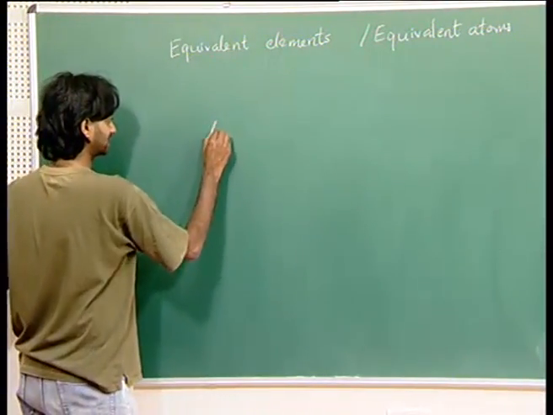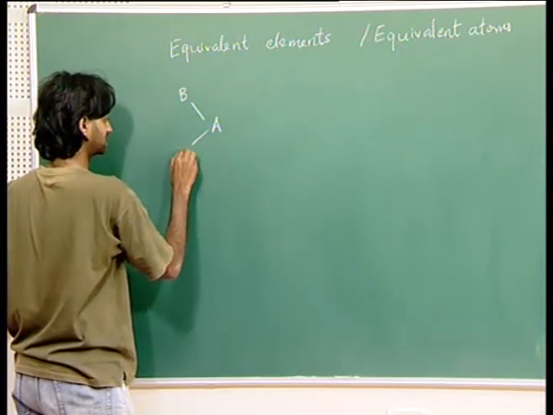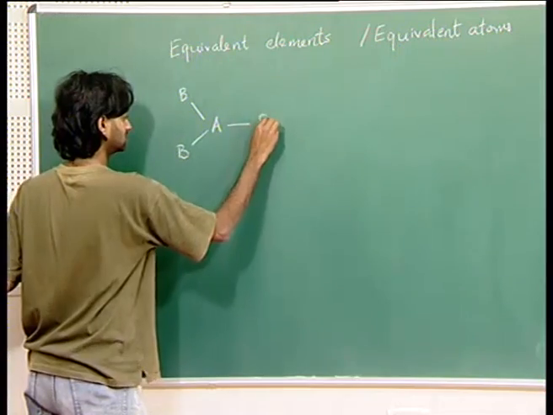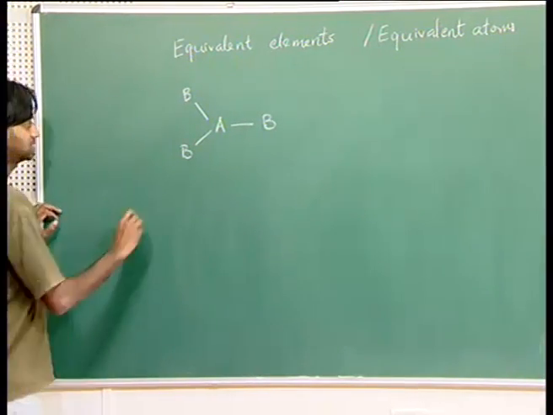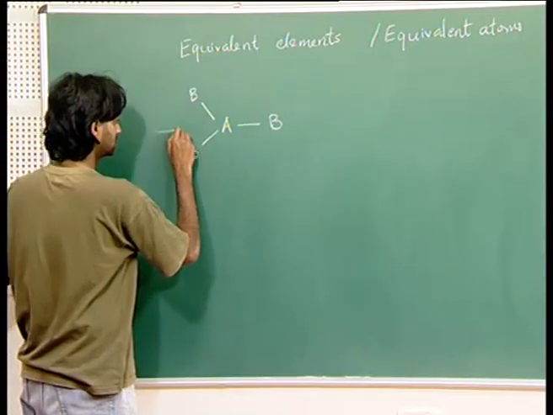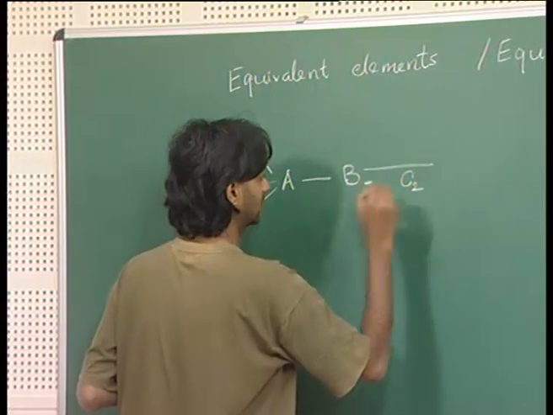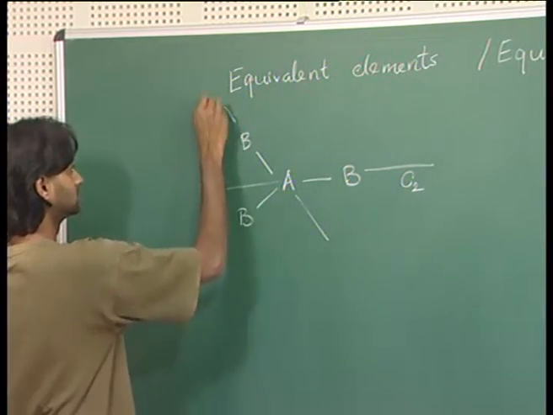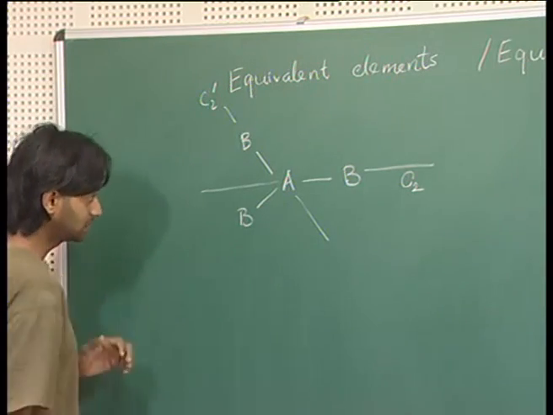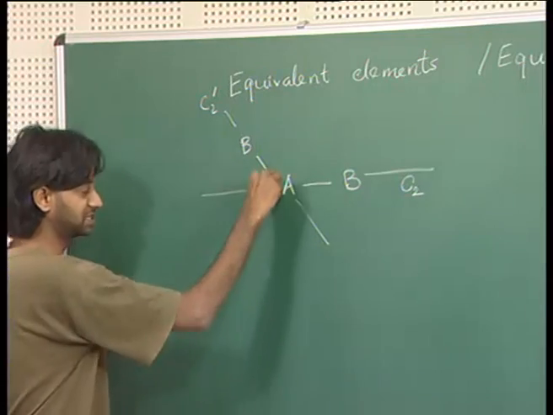So, we go back to our example of AB3, the planar AB3 molecule. And what we noticed is that if you take this C2 axis, and we call this C2 prime, and then we also have an operation C3.